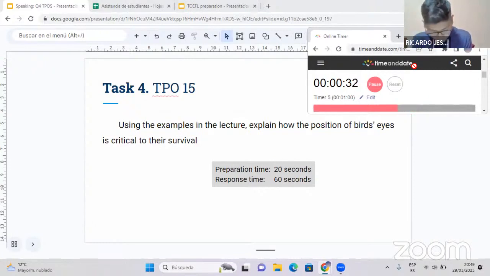Then she goes on to explain that other animals, in opposition to the hawk, might not catch a mouse, but they have eyes on each side of the skull, which helps them to avoid predators and look out in all directions. They can protect themselves from other predators like the fox, for example.